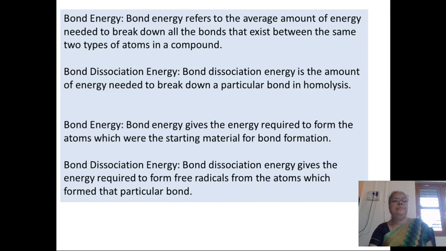Then again, I repeat here, the bond energy means the average amount of energy needed to break down all the bonds that exist between the same two types of atoms in a compound, whereas the bond dissociation energy is the amount of energy needed to break down a particular bond in homolysis.